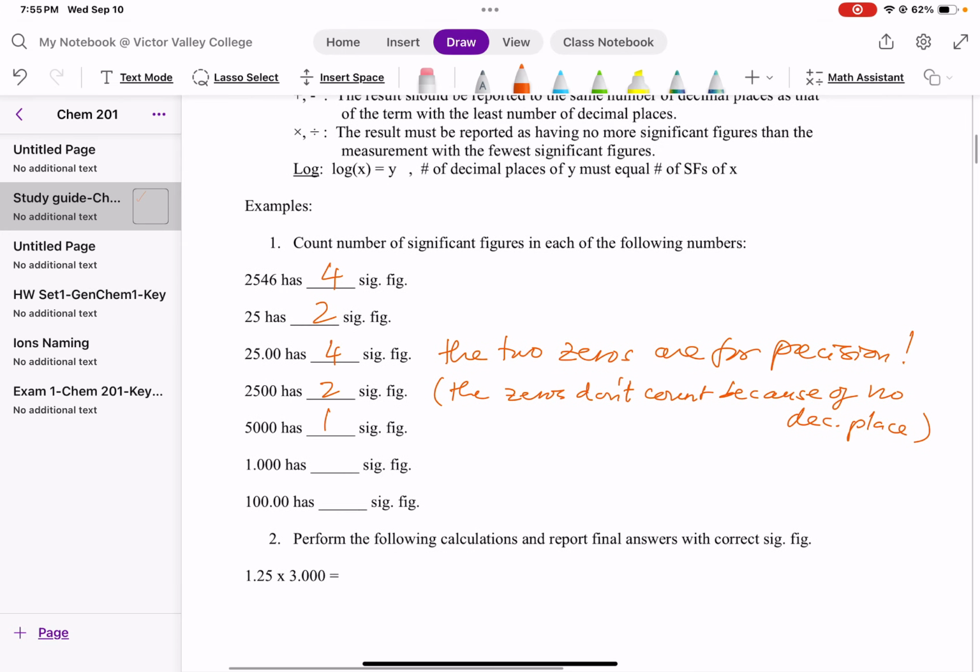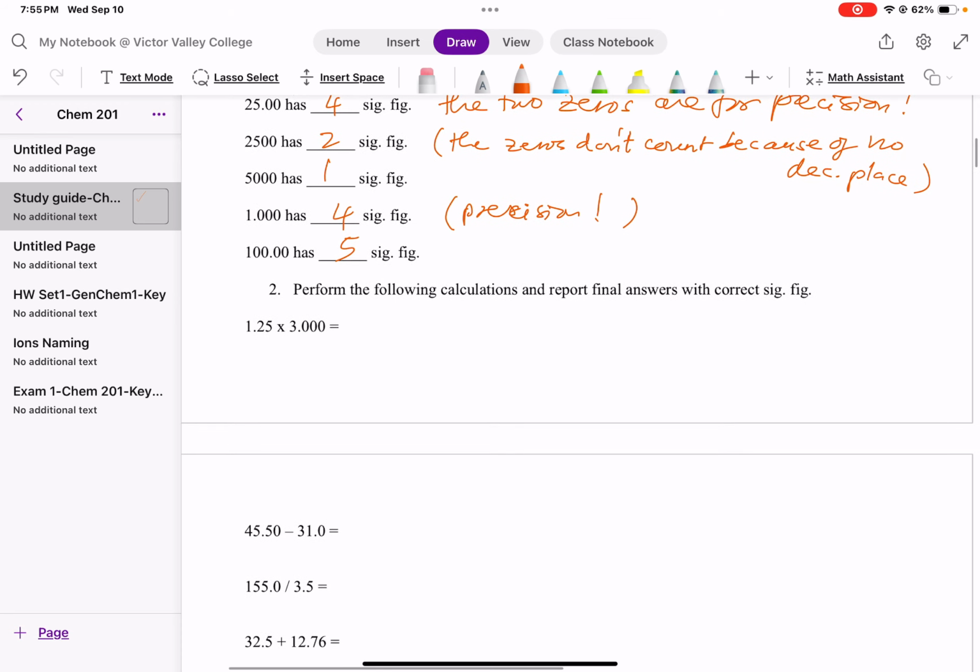However, if you do 1.000, that's 4 sig figs, for precision. And this one has 5 sig figs.